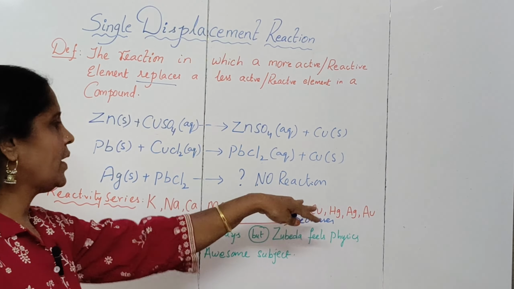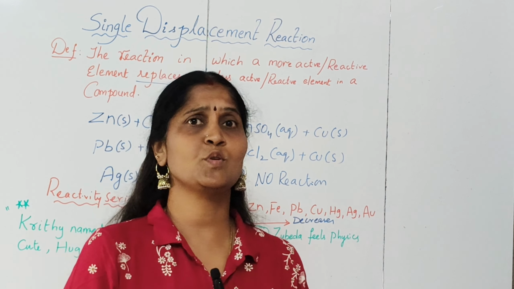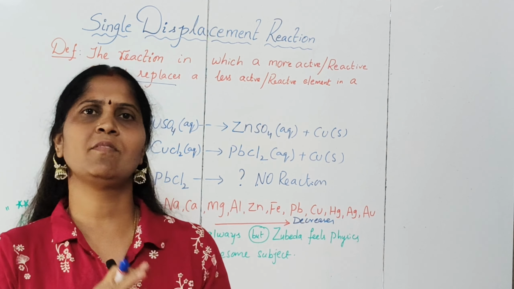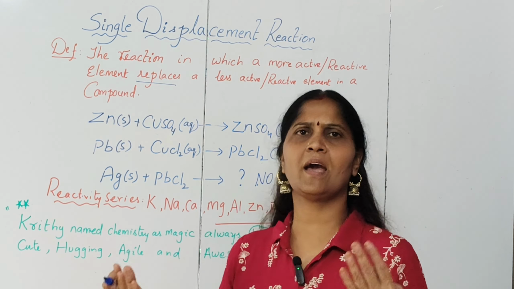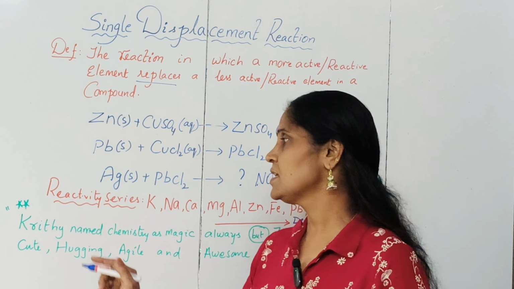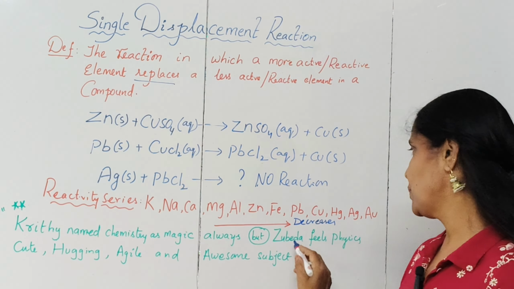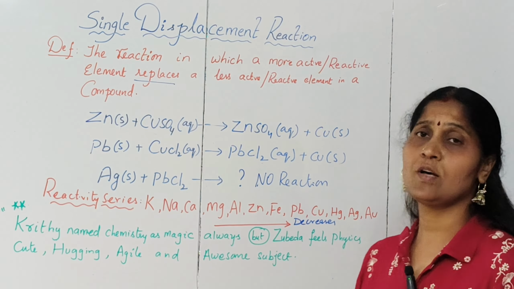So how to remember this reactivity series without any confusion? I made a sentence, a mnemonic, so that you can remember the reactivity series of metals in a better way. Kriti named chemistry as magic always, but Zubeda feels physics cute, hugging, agile and awesome subject.